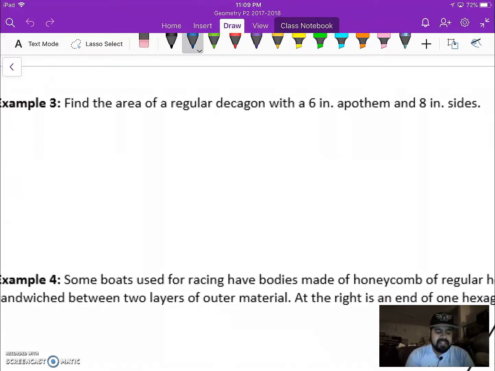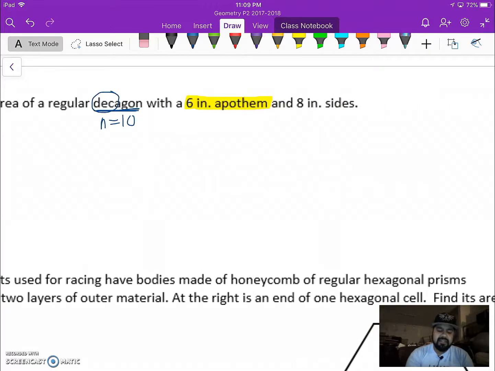So first off, I tell you what shape you're given. Decagon. So I'm automatically thinking, I know how many sides this is. Deca stands for 10. So I have 10 sides. Now it says I have a 6-inch apothem, and I have a side length of 8 inches.